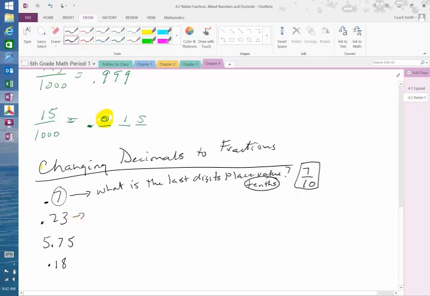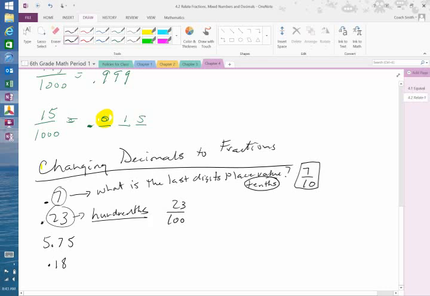What is the place value of 0.23? Okay, it's the hundredths place value, so I've got to put this number over 100.